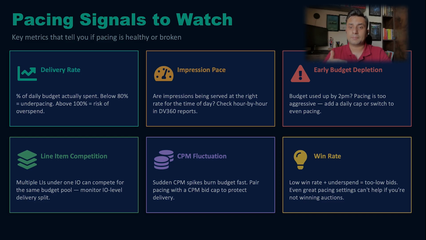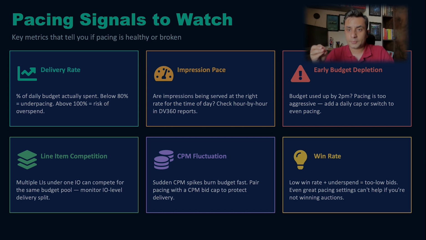Early budget depletion. If budgets are used up by 2 p.m., pacing is too aggressive, so add a daily cap or switch to even pacing. Line item competition. Multiple LIs under one IO can compete for the same budget pool. Monitor IO level delivery split. When you opt in for automatic split, multiple line items are using your budget at insertion order level.